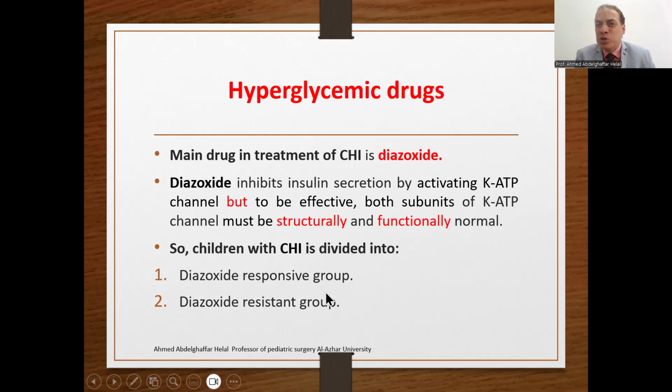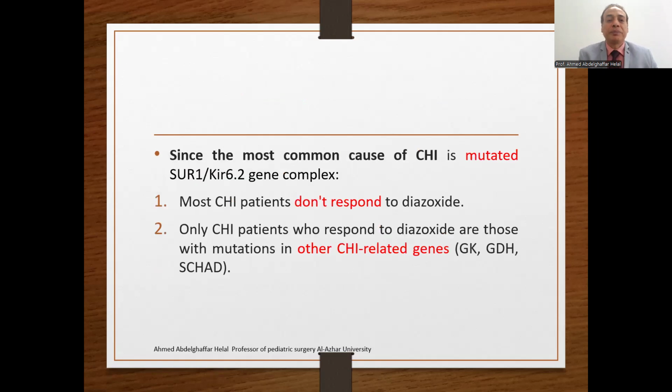However, what about diazoxide responsive? We said that the cause of congenital hyperinsulinism may be a mutation in the genes coding for the function of the ATP potassium channel, and there is a second mutation in the genes controlling other enzymes and metabolic factors involved in glucose metabolism. So if the child's condition is due to another mutation, it may respond to diazoxide.